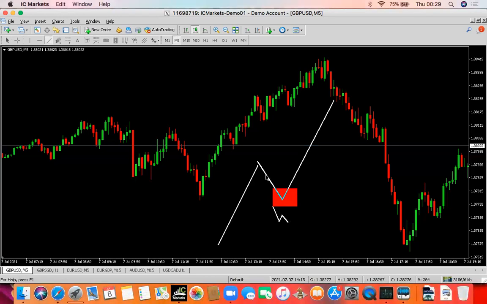Remember, it doesn't form exactly perfectly like this because they are candles. So this is what I will see at this point. Do you understand?